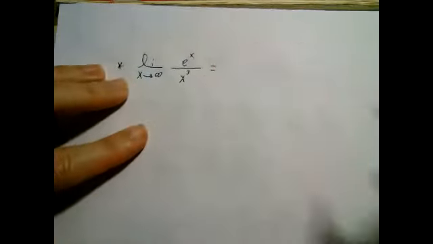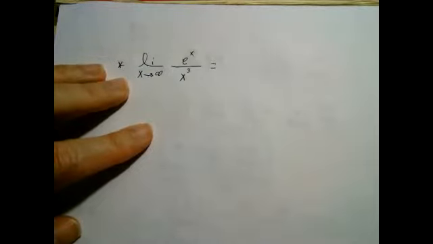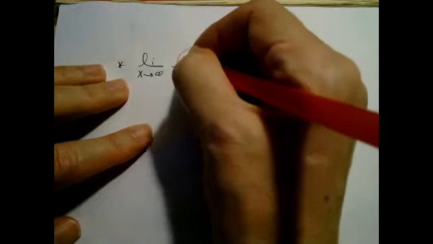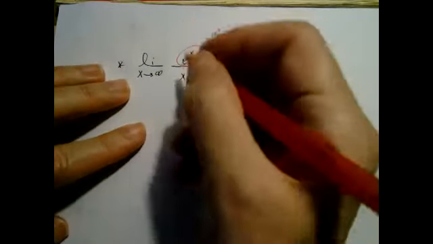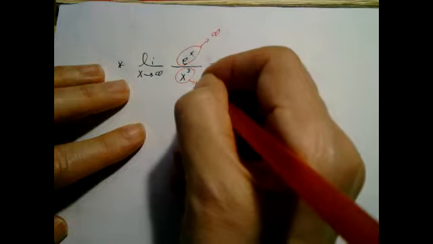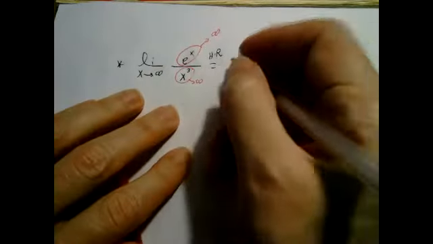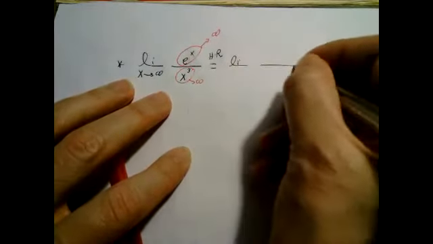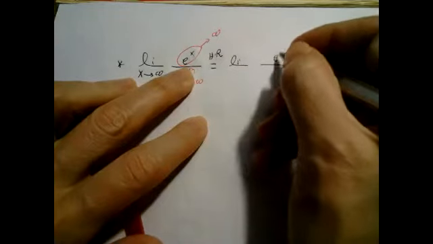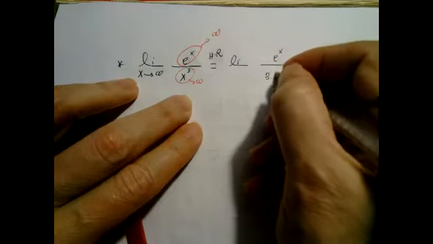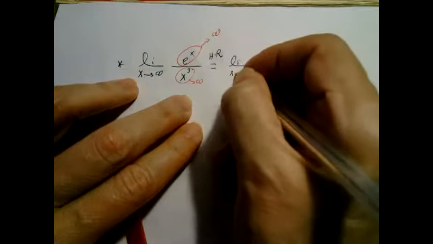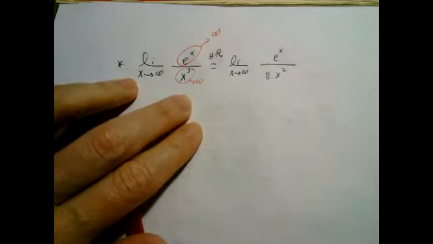When x goes to infinity, what happens? e to the x, as now I hope you understood, becomes very large. x cubed becomes very large. So L'Hopital's rule is absolutely applicable, because I have infinity over infinity, and this tells me the limit of the derivative of the numerator, e to the x, over the derivative of the denominator, which is that. Okay, again, what's this limit?